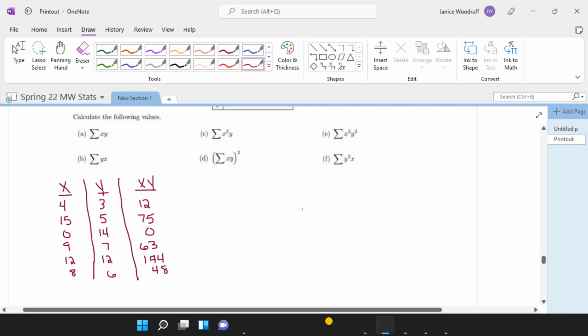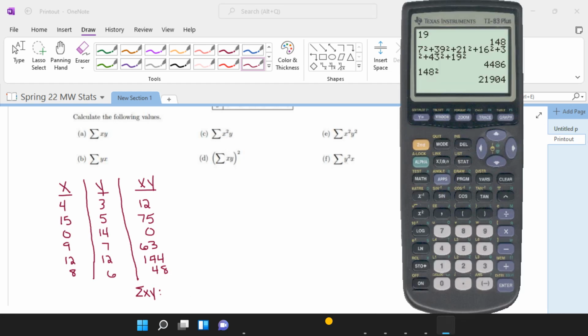Then the sum of xy is the sum of this column here. So sum of xy. We would add all of these together. You can do that by hand too if you'd like. You can add them. 12 plus 75 plus 63, 144, and 48. So 342.